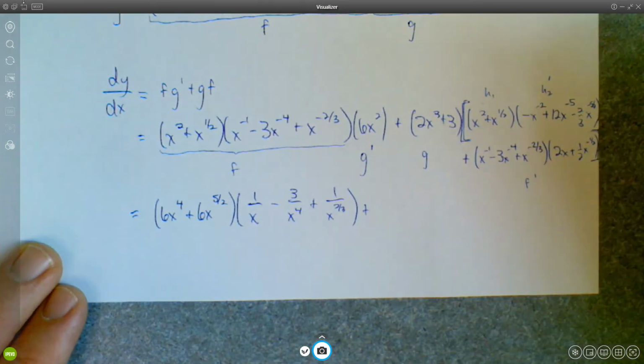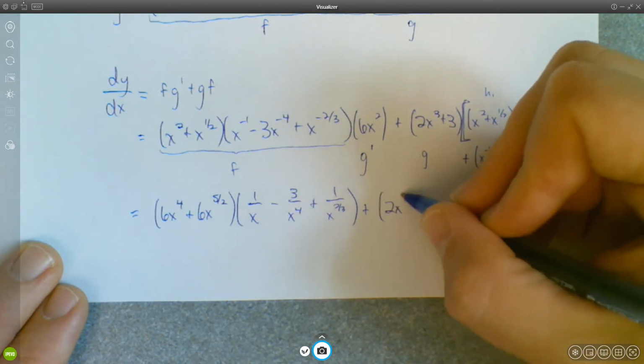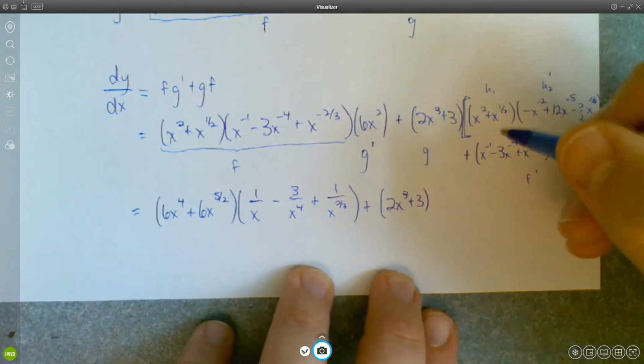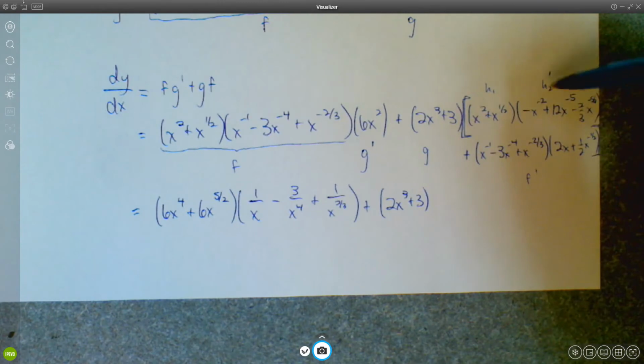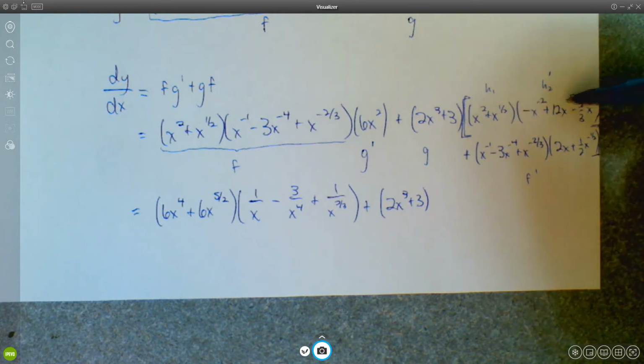Second group, oh goodness, we can call this 2x cubed plus 3. I mean, we could distribute this. We could distribute it.